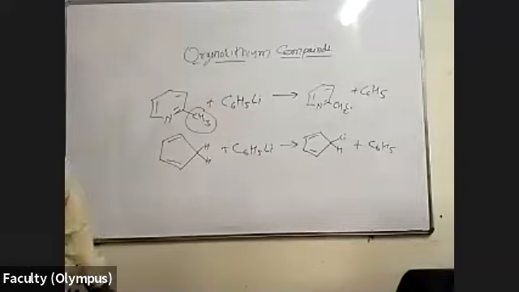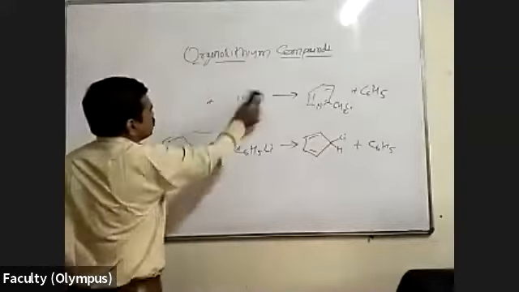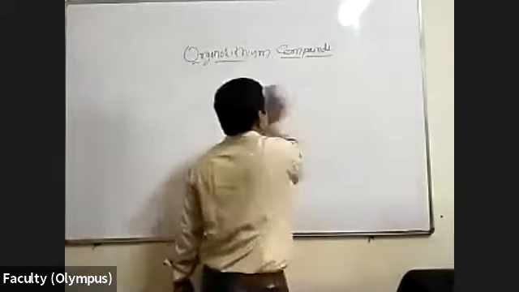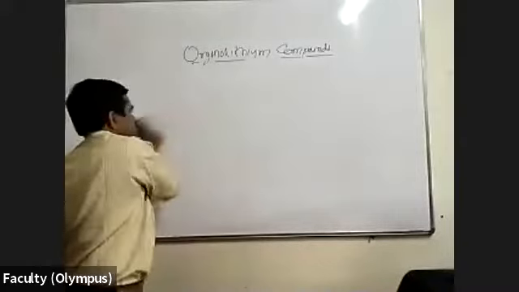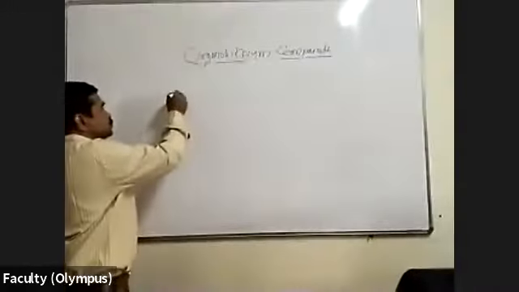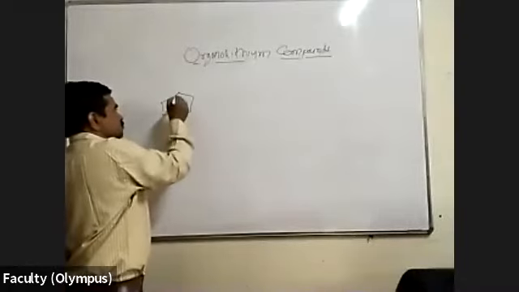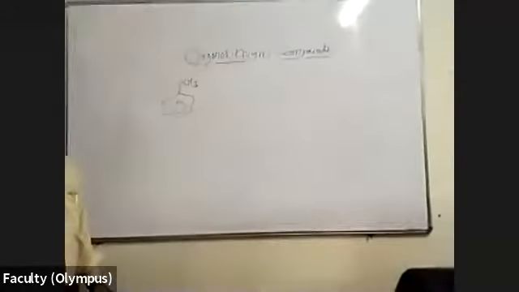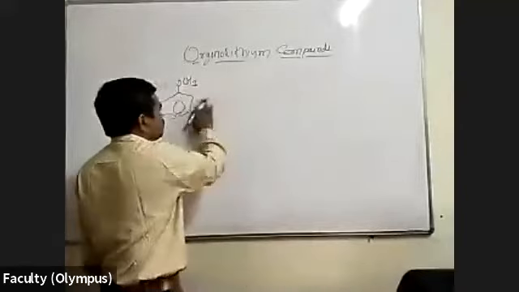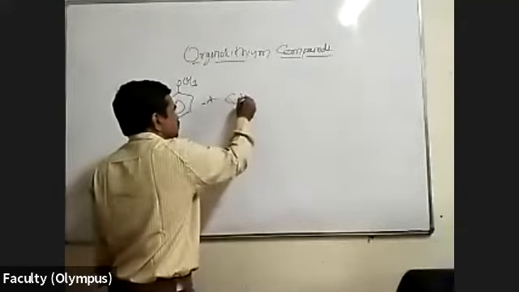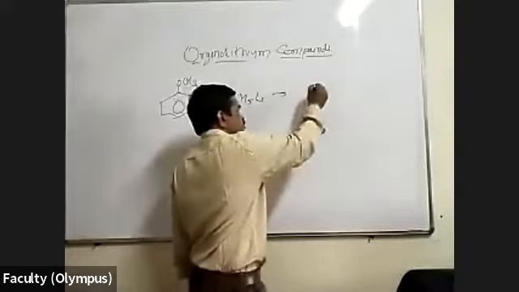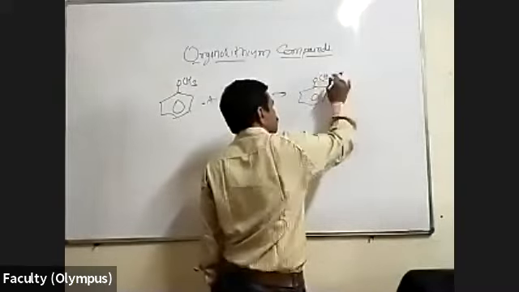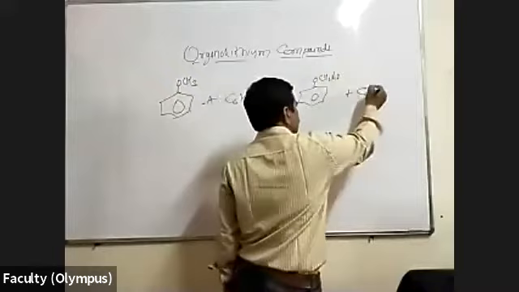Another example, if we take the aryl alkyl ether, say methoxybenzene, OCH3, and it is treated with C6H5Li, we get OCH2Li plus C6H5.